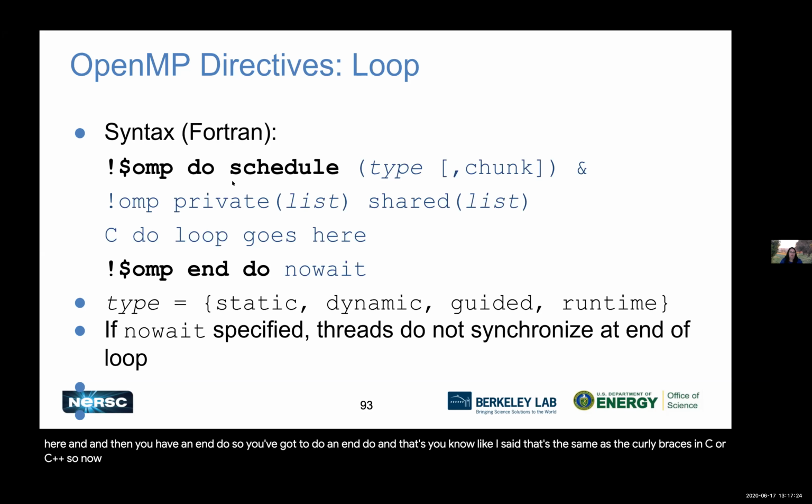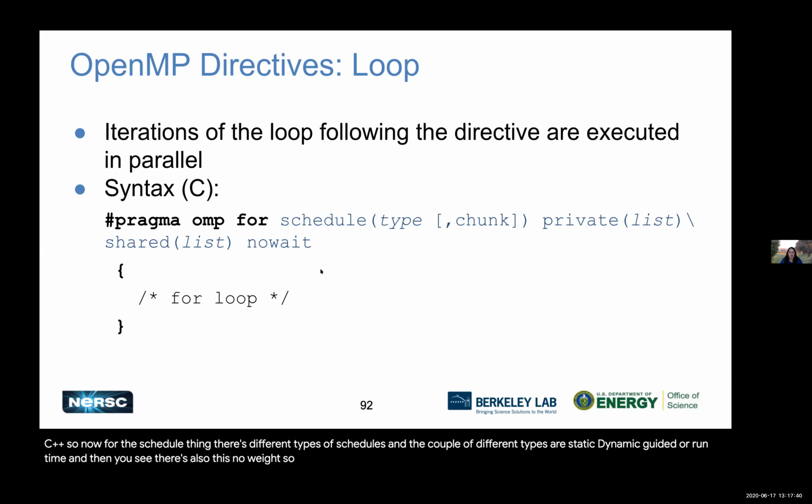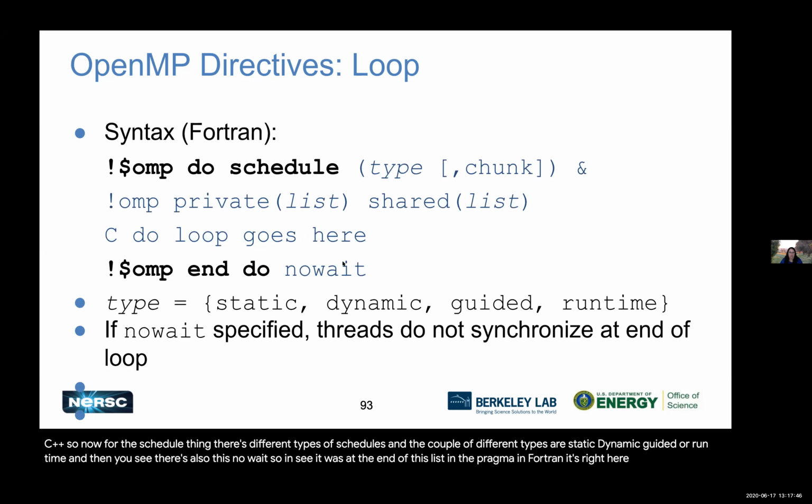So now for the schedule thing, there's different types of schedules: static, dynamic, guided, or runtime. And then you see there's also this nowait. So in C, it was at the end of this list in the pragma. In Fortran, it's right here.